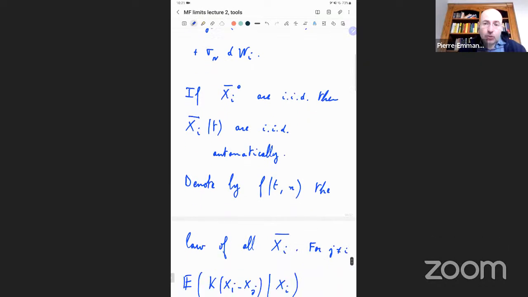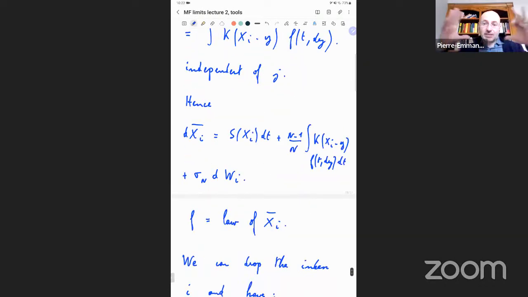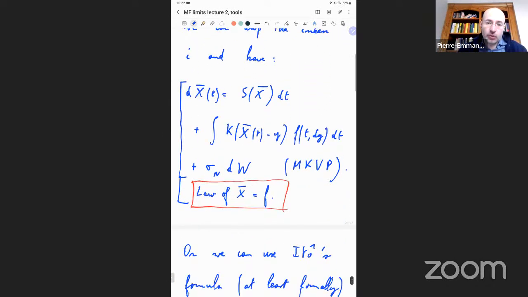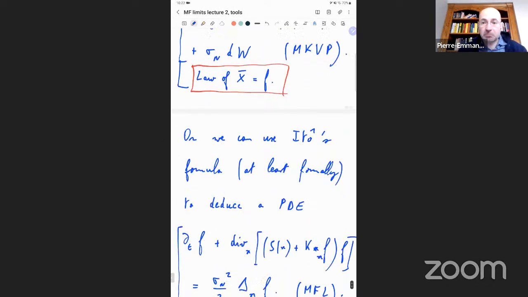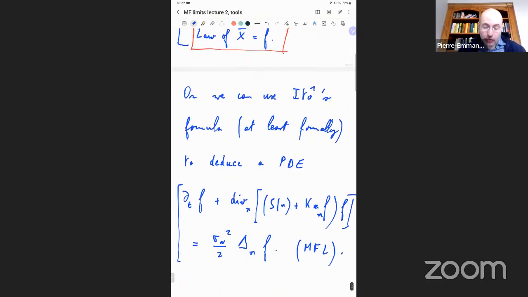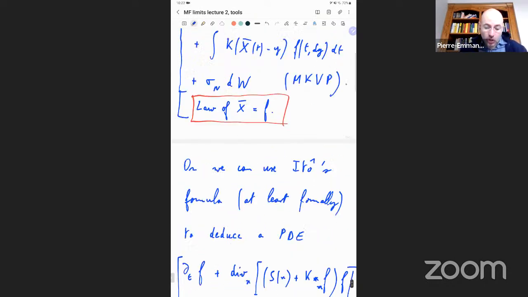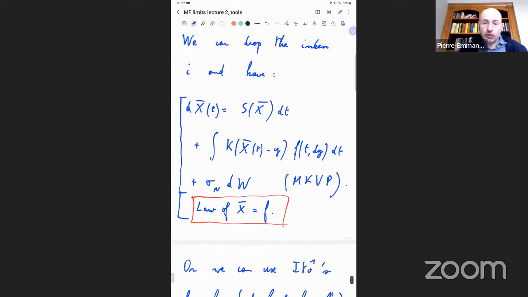And so if we can do all of this, then this very large system of SDEs or ODEs can be replaced, your choice, either by one PDE or by this McKean-Vlasov process, which is the coupling of an SDE with the law.